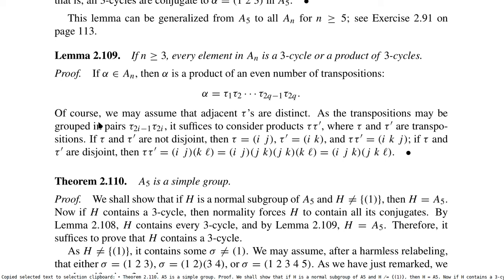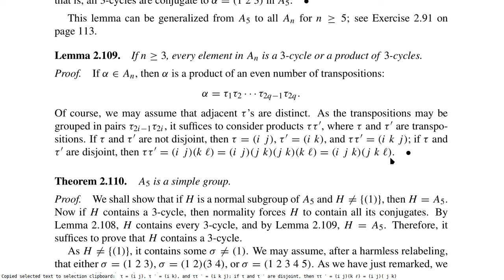But if they are disjoint, that is, they have nothing in common, so you'll have (i j)(k l), then you're going to have (i j)(j k)(j k)(k l), and that is equal to (i j k)(j k l), because you can pair these to get (i j k) and (j k l) respectively.